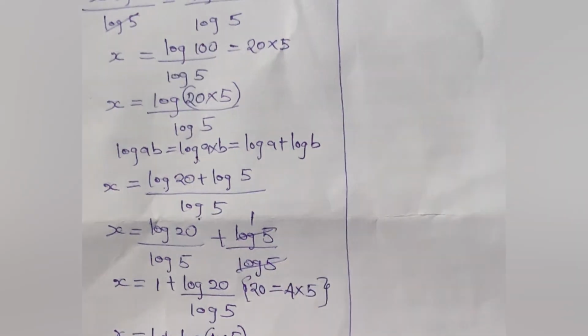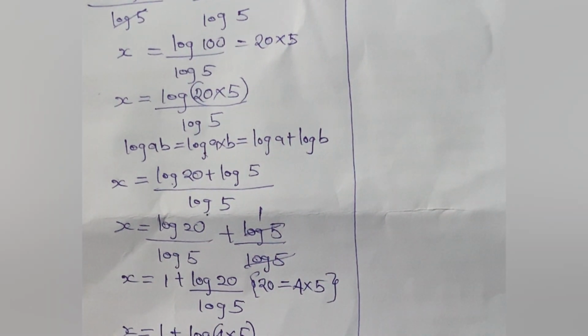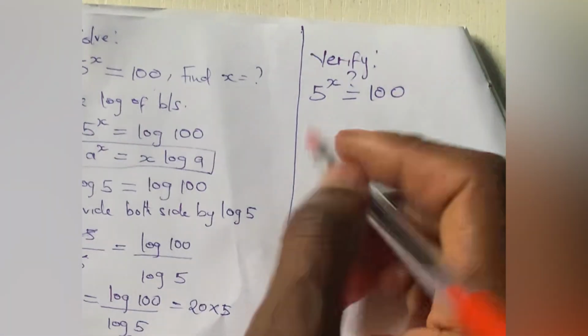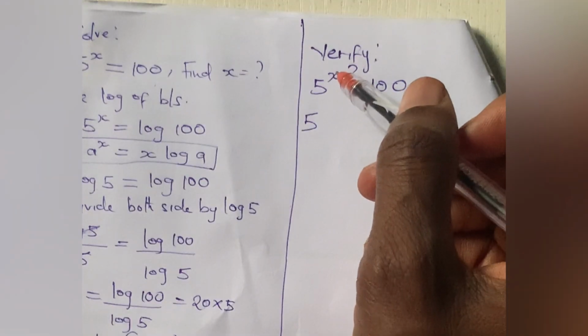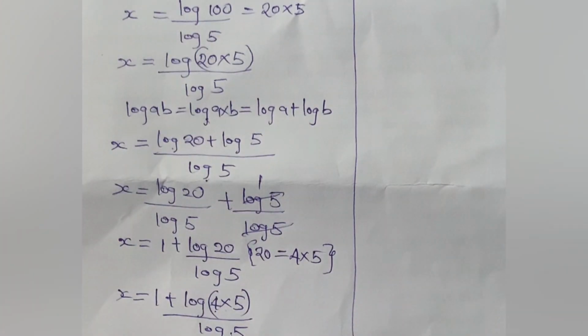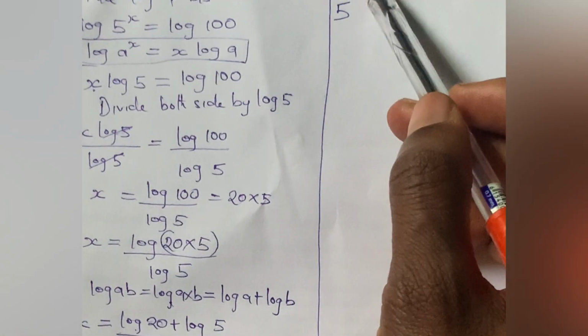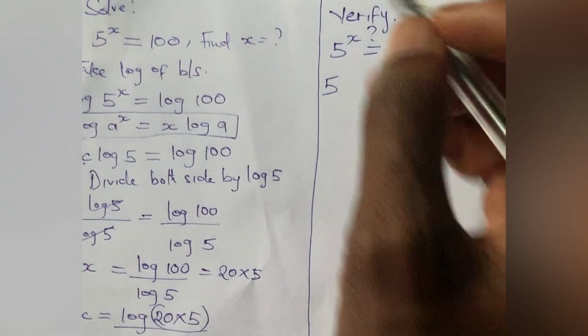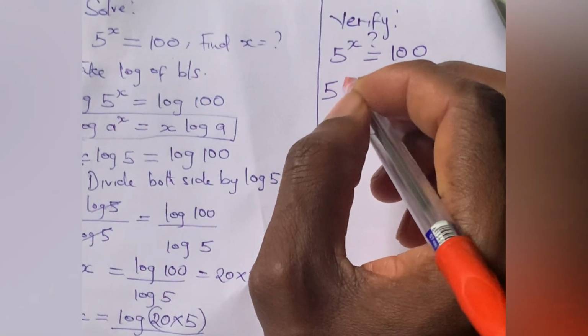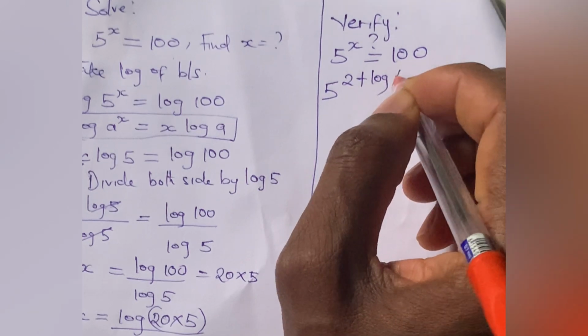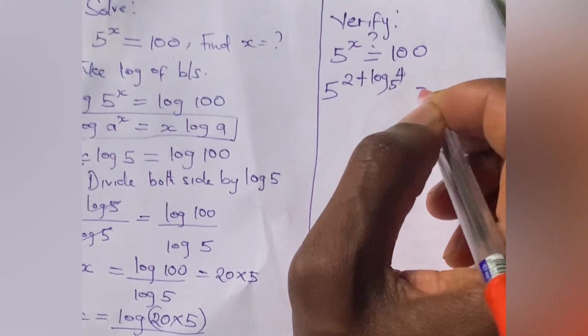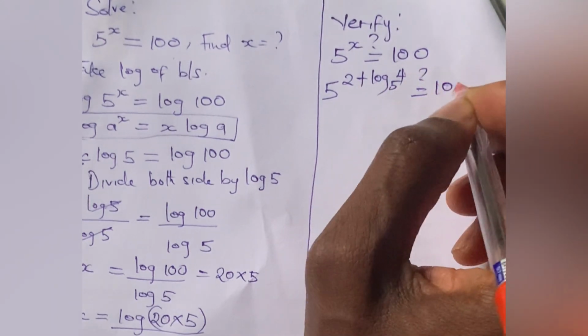Okay, and we know that from our solving, x is equal to 2 plus log 4 base 5. So here we have 5, and we are substituting this for the value of x in this equation. Okay, so it is 5 to the power of 2 plus log 4 base 5. Is it equal to 100?